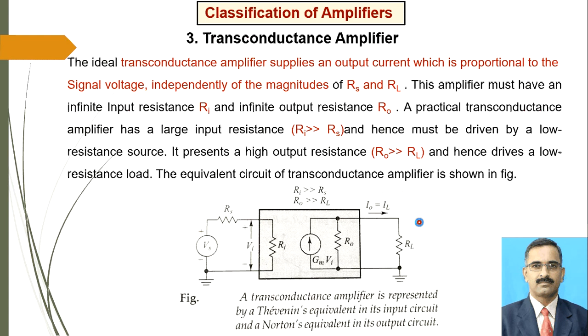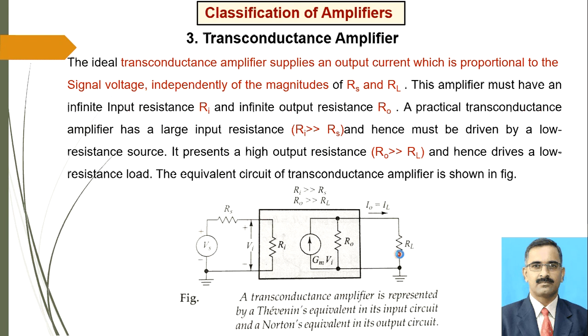Now see what exactly the transconductance amplifier is. The ideal transconductance amplifier supplies an output current which is proportional to the signal voltage, independent of the magnitude of Rs and RL. It is independent of the source resistance and load resistance.